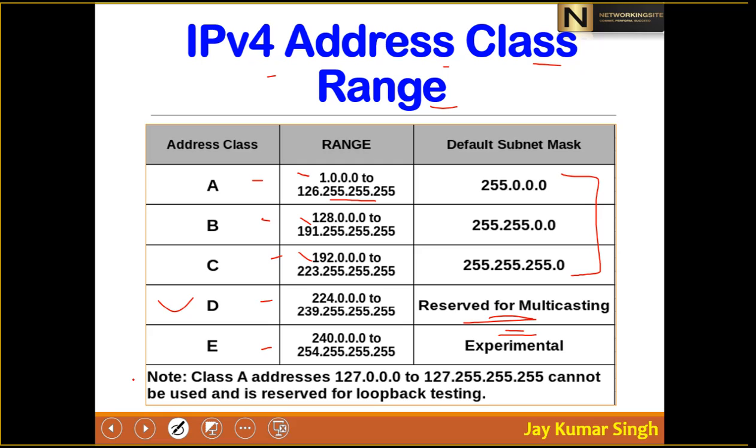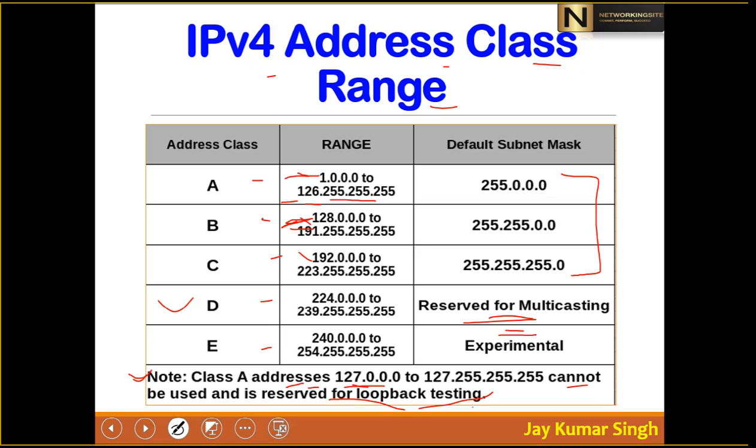Now you can see one thing I have written here. Note: class A address 127 is missing here. You can see here 1 to 126, and here it is starting from 128. Where is 127? The 127 address cannot be used, and it is reserved for loopback testing, the loopback interface, the network card on the devices.